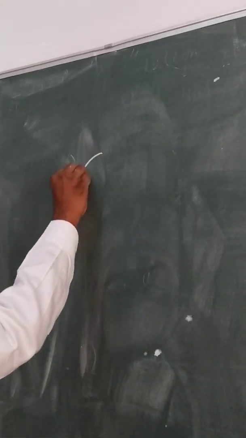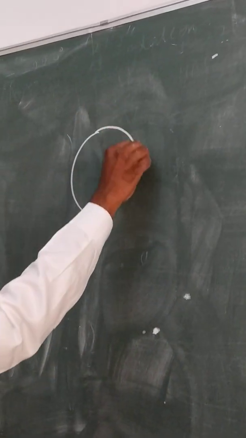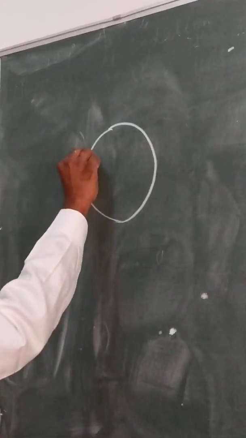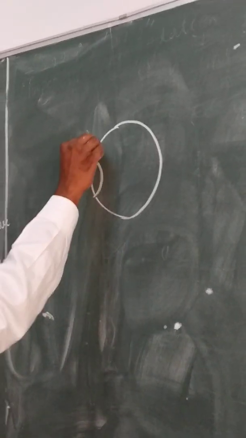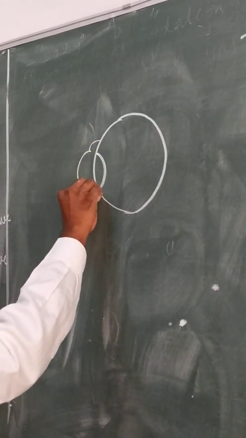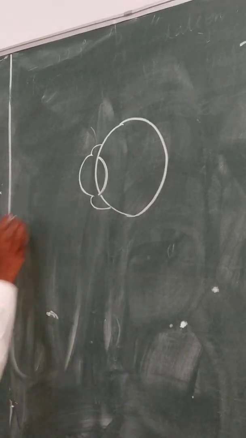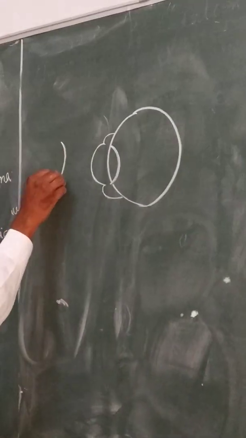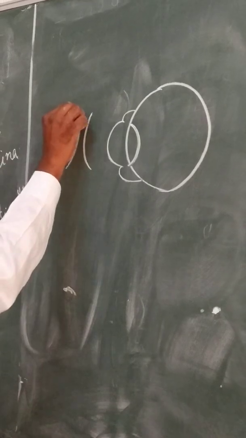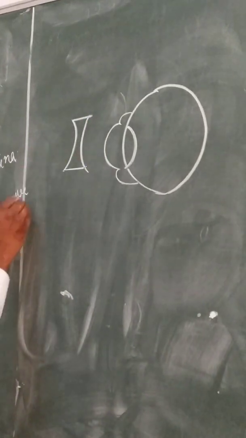Then we use a concave lens in front of the eye lens.